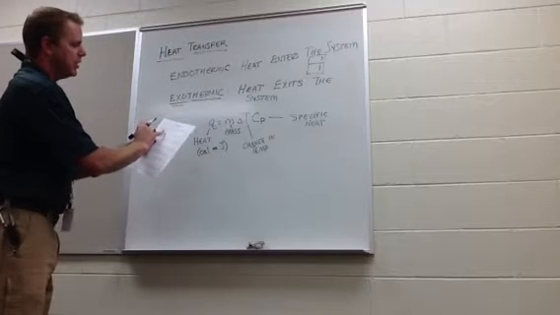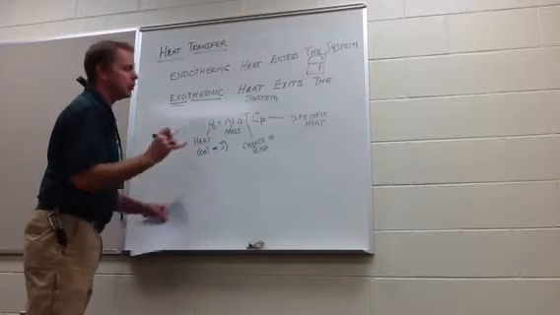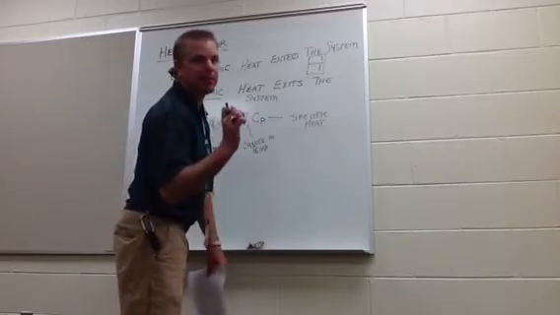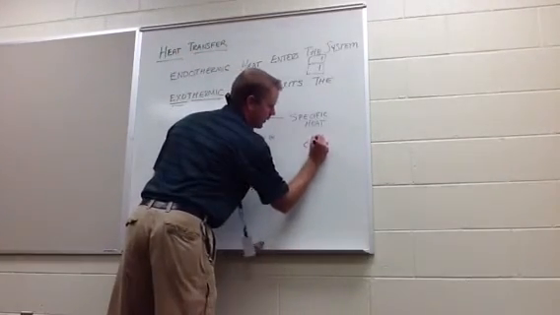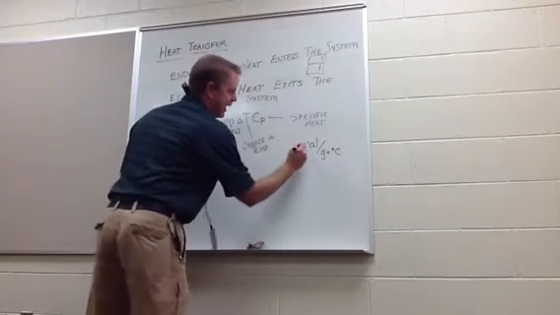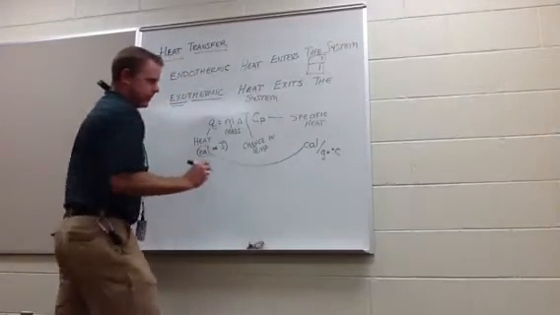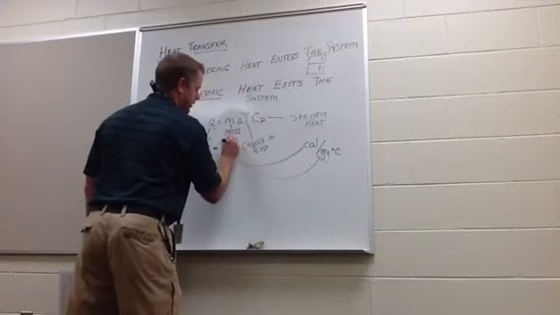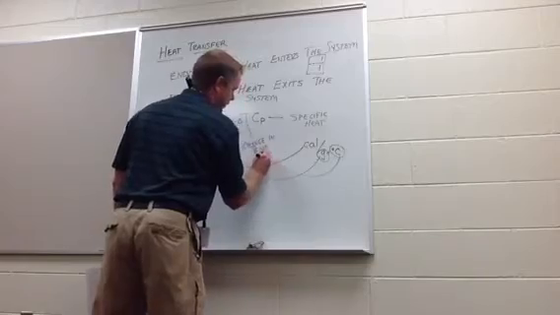It says, remember the specific heat of water is 1 calorie per gram degree Celsius. What you have to remember is this. If this says calories per gram degree Celsius, then your Q must be in calories, your mass must be in grams, and your temperature must be in degrees Celsius.